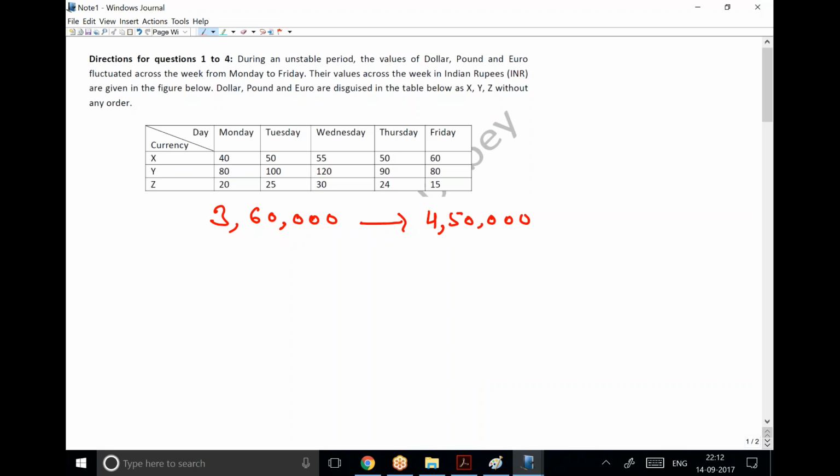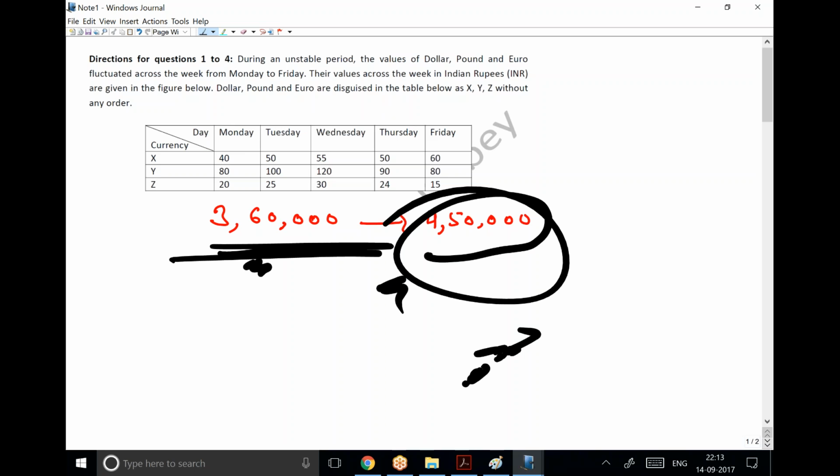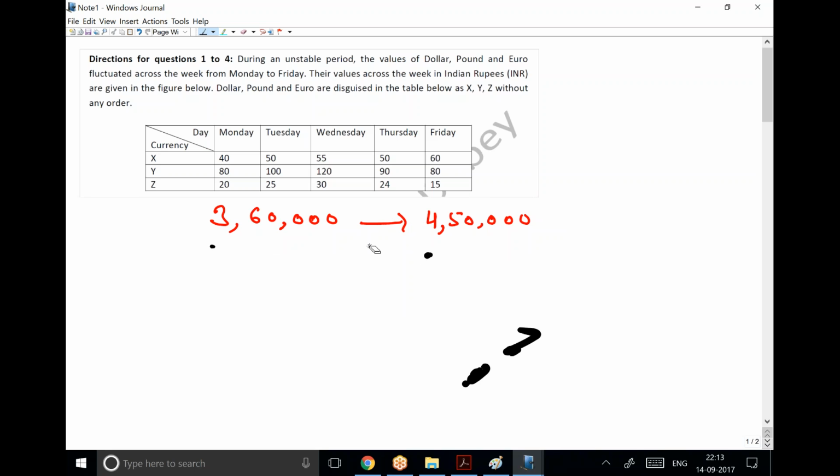Any currency from Monday to Tuesday is increasing by 25%, whether X, Y or Z. It doesn't matter. So if I'm investing 3,60,000 in any currency on Monday, I will get 4,50,000 INR on Tuesday. This we can understand from here, the basic thing.